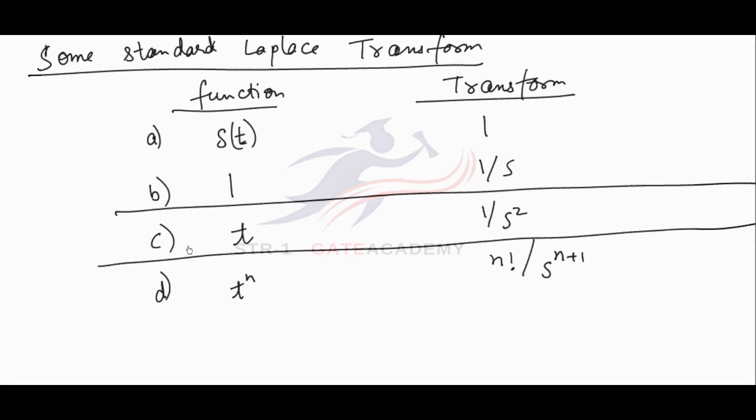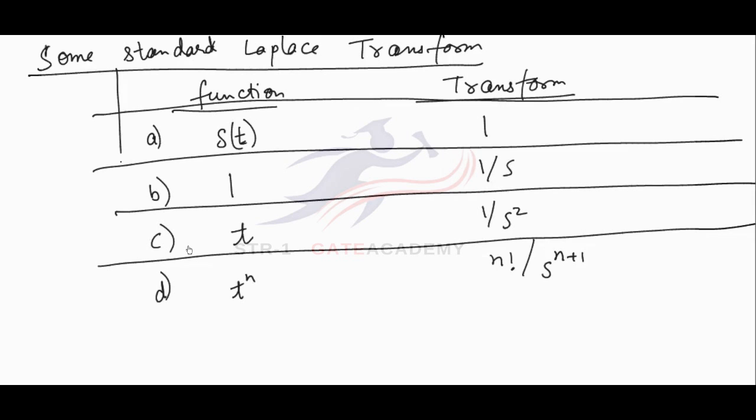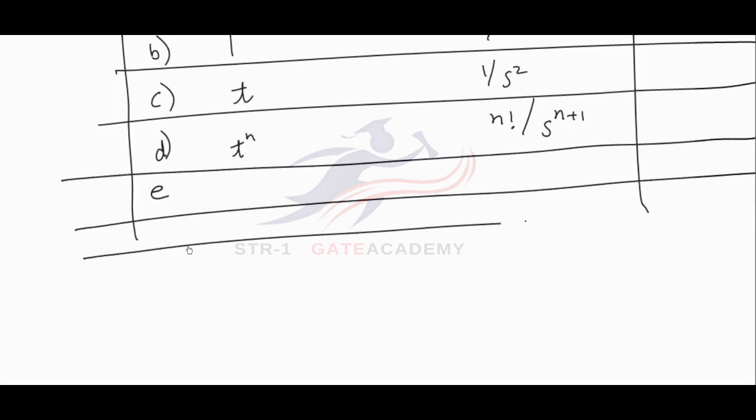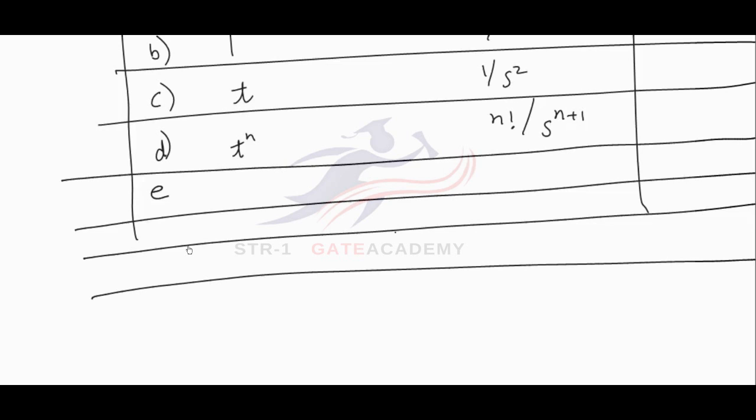Now, to bifurcate these things very smoothly, then you can have sine omega t. Many functions you will find.